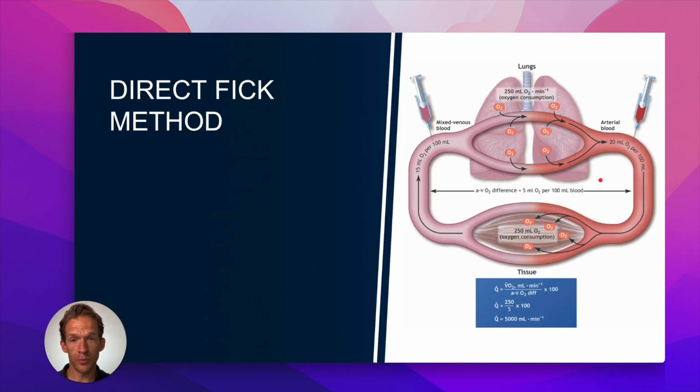The Fick method was developed a long time ago to actually measure cardiac output through the measurements of VO2 and the measurement of the AVO2 difference.